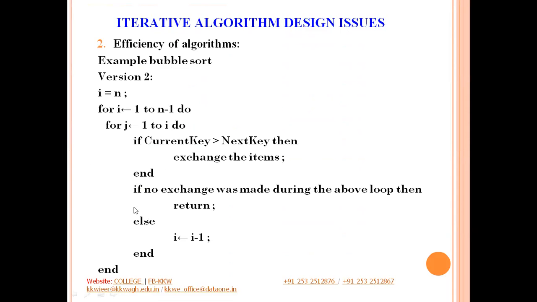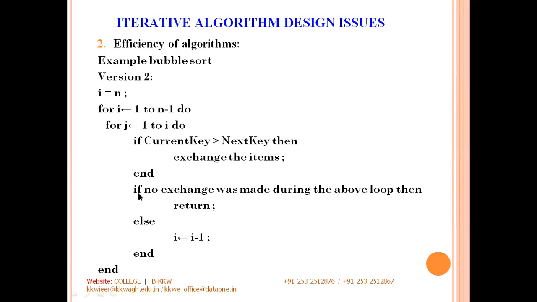So what I have done here is I have simply added this statement. What it says is, if no exchanges were made during the above loop, then return. Return means you are moving out of the loop. If this is not so, then you go to the else part, I is equal to I minus 1, and then you go on repeating the procedure, right?